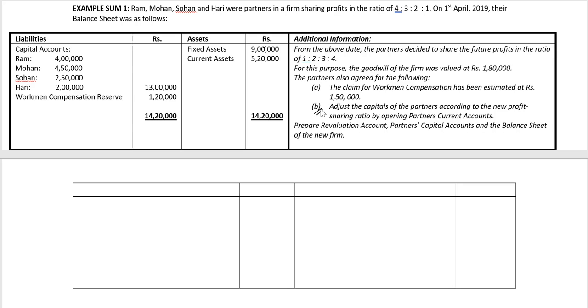And the adjustment has to be made by opening partners' current accounts and not through bank account. So we need to make the adjustments by opening partners' current accounts. We'll begin with the revaluation account. Solution.